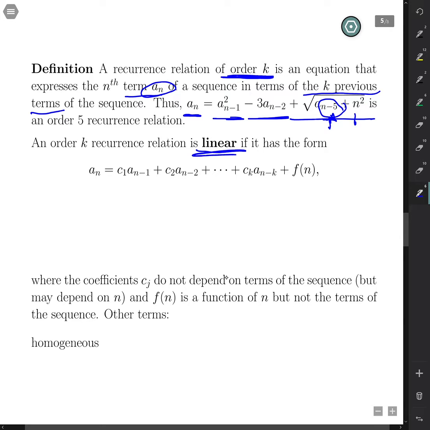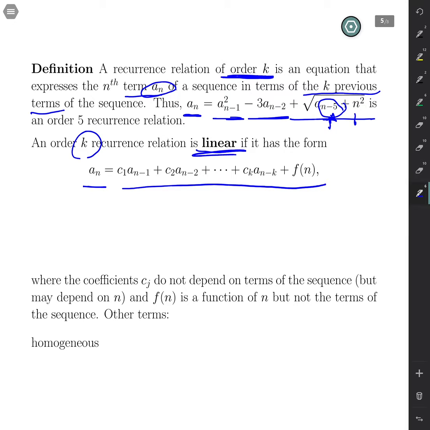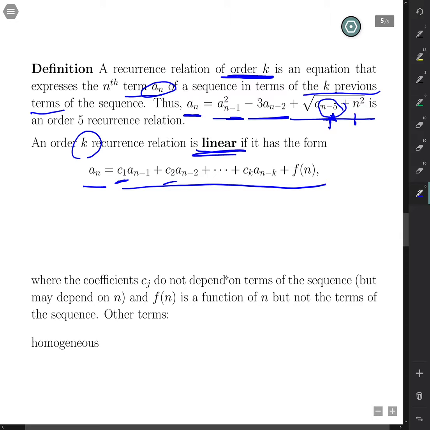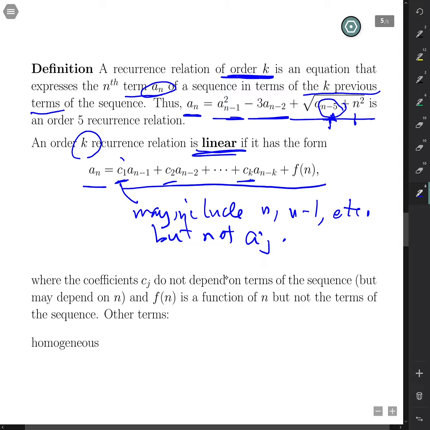We'll call it linear if the recurrence relation has this form right here. This is still order k, where it involves the previous k terms, and the way they're combined involves two operations: multiplication by coefficients, which may include n in some way, or n minus 1, etc., but not terms of the sequence, aj, in the coefficients themselves.